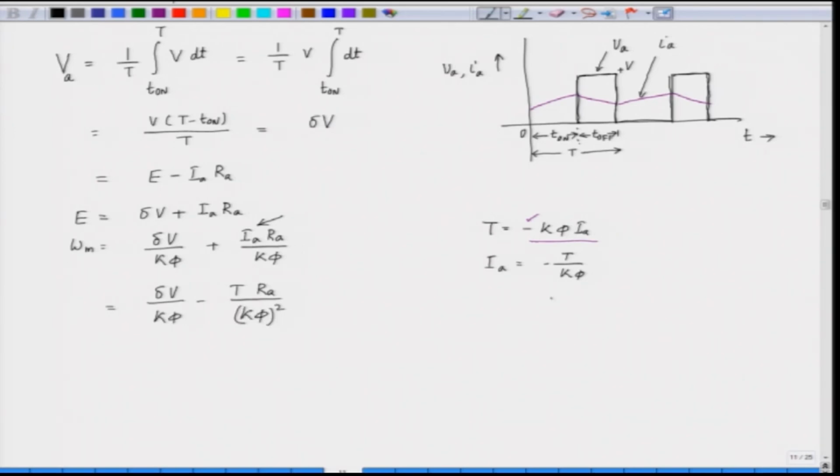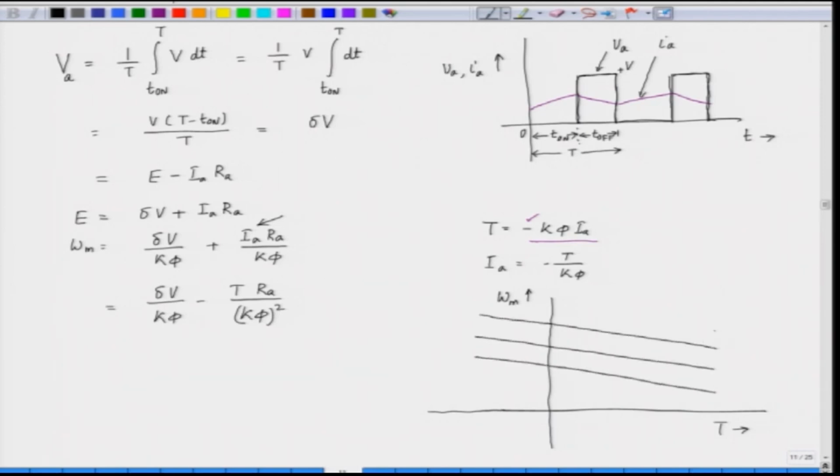If we draw the torque speed characteristic of this motor, the speed is on the y axis and torque is on the x axis, but the torque is negative. Since the torque is negative here, we are operating in the second quadrant. If we plot this equation, we will get straight lines like this as before.